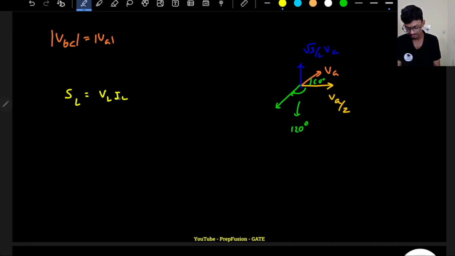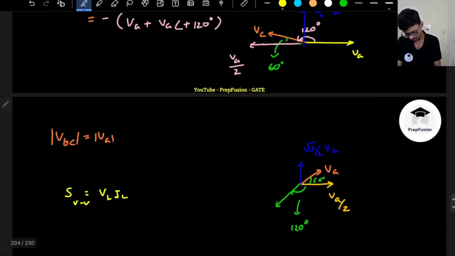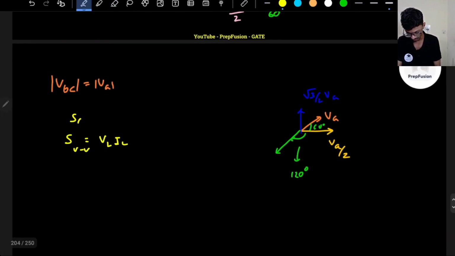Three phase will come out to be VL into IL, because it will be 57.7% of the actual overall load. So this is the open delta, or V-V connection, and the apparent power in delta connection is root 3 into VL into IL.